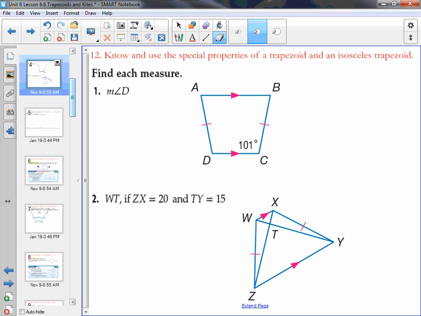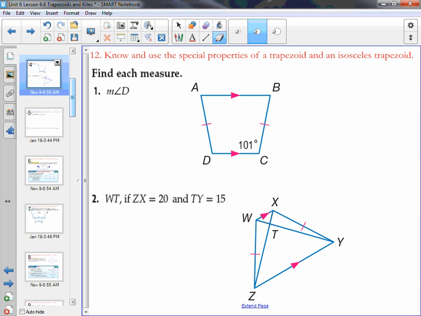Well, look what we have here. We have one pair of parallel sides. And look, it is safe to assume this. If they tell us we have one pair of parallel sides, so they've marked something parallel, but then they don't mark the other pair of sides parallel, we can go ahead and say, okay, then they're not parallel. Now, they don't always tell us parallel, do they?